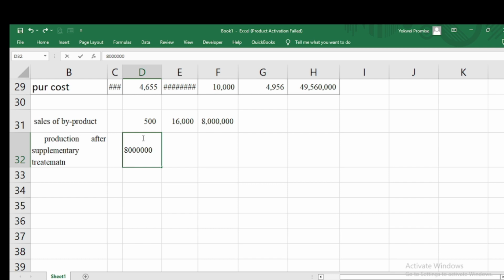So we take this times, what's the rate? The rate was given in the question.